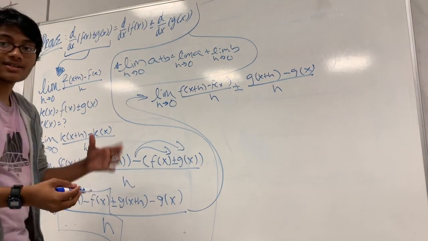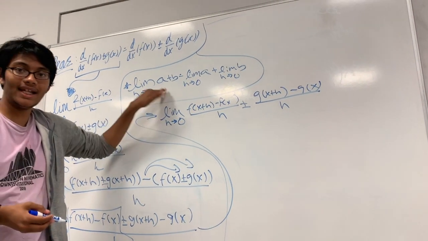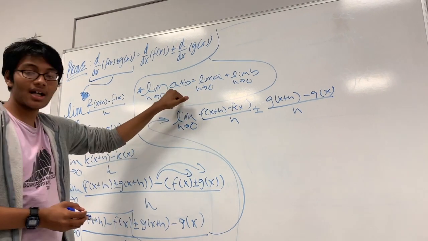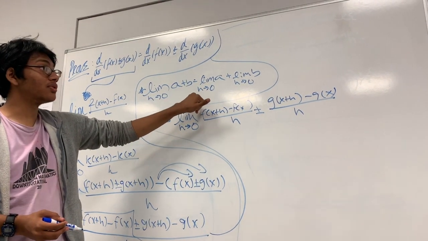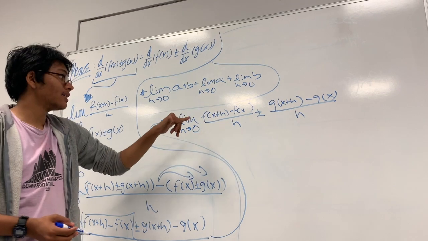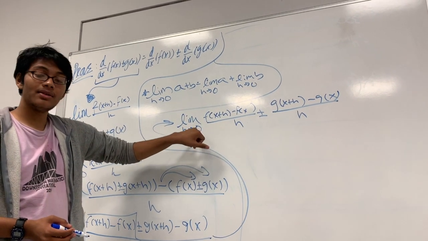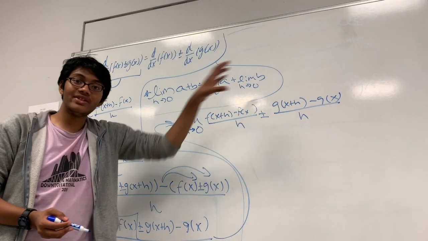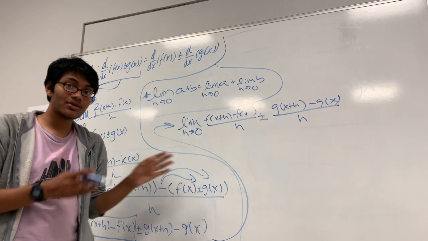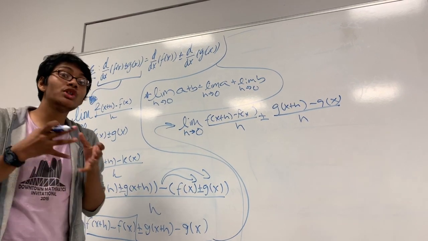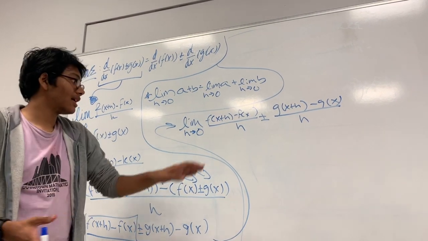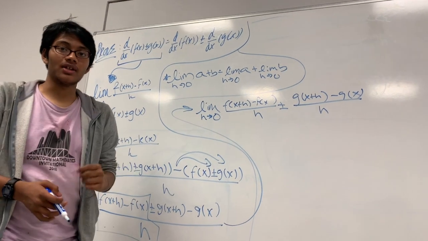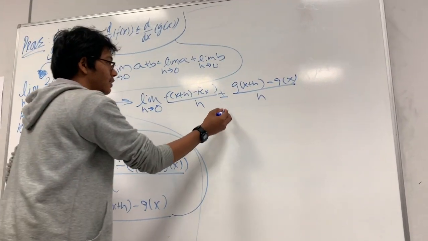Okay, now this is where our limit rule over here comes in handy. We know that the limit of a sum is equal to the sum of the limits. So here, the limit as h approaches 0 of the sum of these two fractions is going to be the sum of two limits as h approaches 0 of these fractions. So let me show you what I mean.